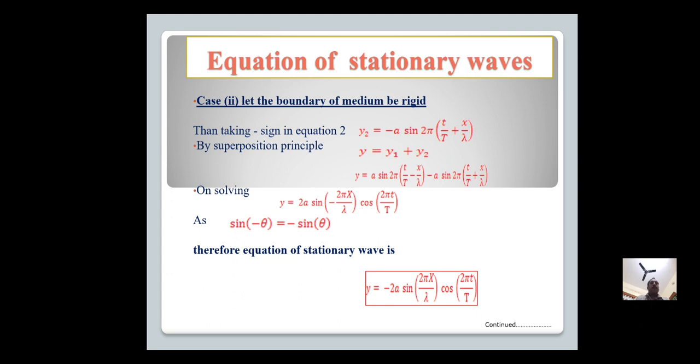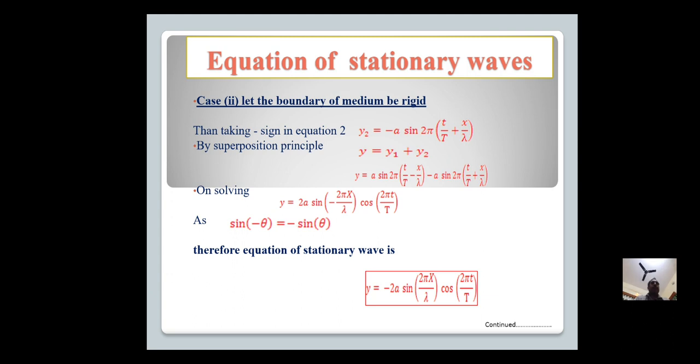Again using the superposition principle, y equal to y1 plus y2, on solving this we get y equal to 2a sine of minus 2 pi x upon lambda cos 2 pi t upon capital T, as sine minus theta equals minus sine theta. The resultant stationary wave is minus 2a sine 2 pi x upon lambda cos 2 pi t upon capital T. This is the equation of the stationary wave whenever the boundary of the medium is rigid.